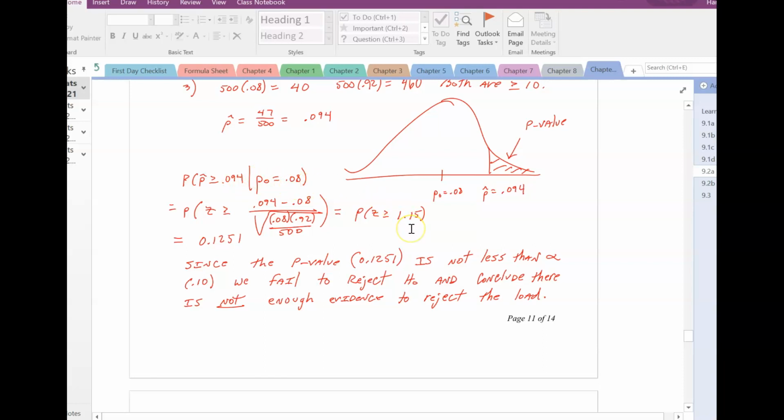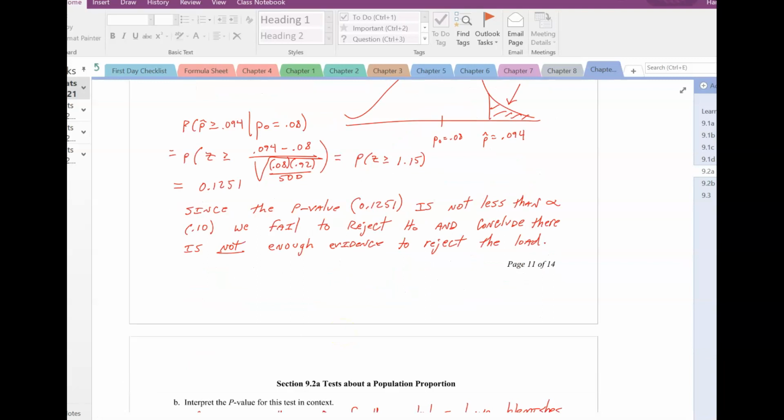We come up with a test statistic of 1.15. The p-value then is 0.1251, a 12.51% chance of getting a sample as extreme as the one that we're looking at. And remember that we're talking about an alpha level of 0.10. So since the p-value, which was 0.1251, is not less than the alpha level, 0.1, we fail to reject the null hypothesis and conclude that there is not enough evidence to reject the load. We do not have a statistically significant sample, and the inspector would not reject the load.